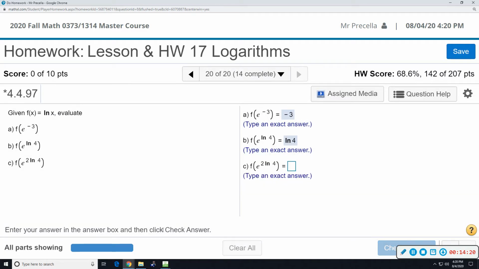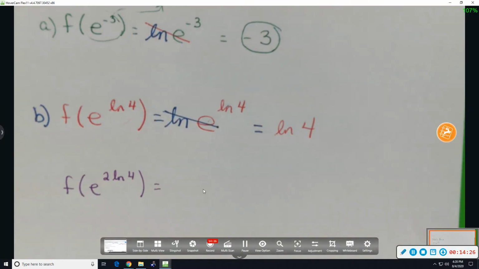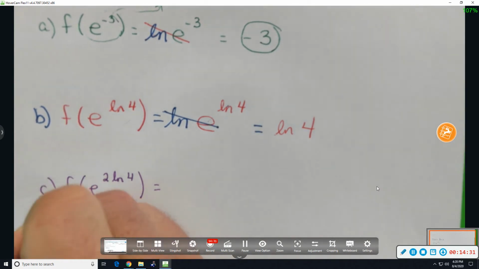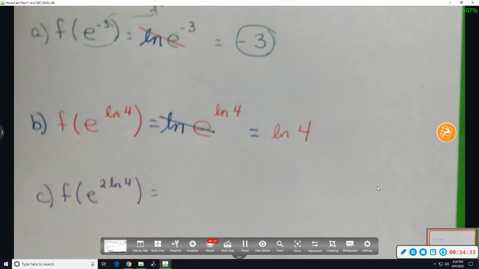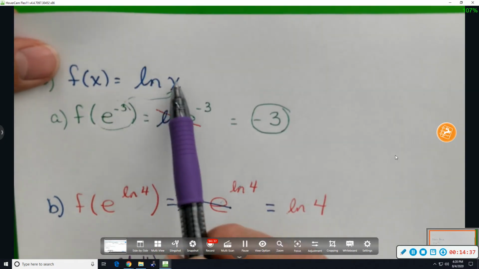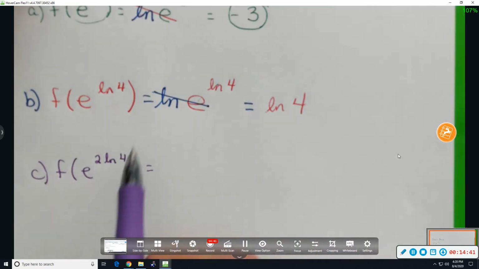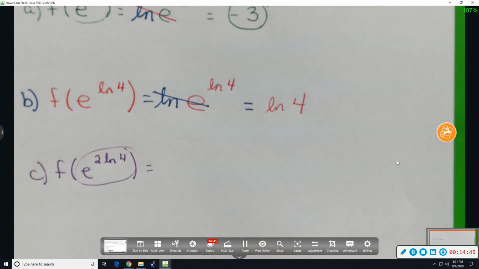And the last one. Switching back. So here's part C. I'm going to write down the blue ln, and I'm going to replace the blue x with all of this. So we have blue ln.